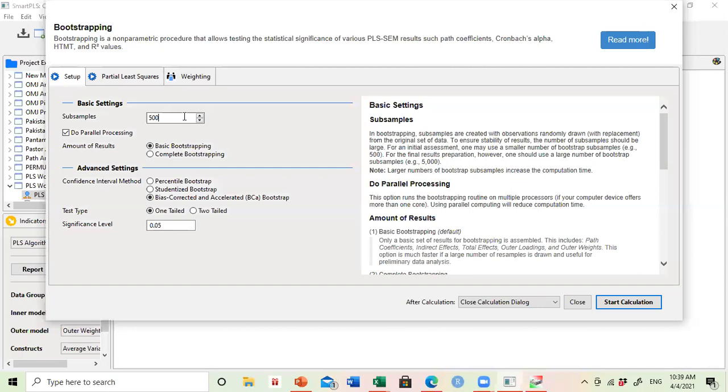He looked at his hypotheses, and he hypothesized that all of them are positive, positive, positive. But unfortunately he discovered after doing the analysis that some of his relationships are negative. So he quickly went back to his hypotheses and changed them to two-tail.